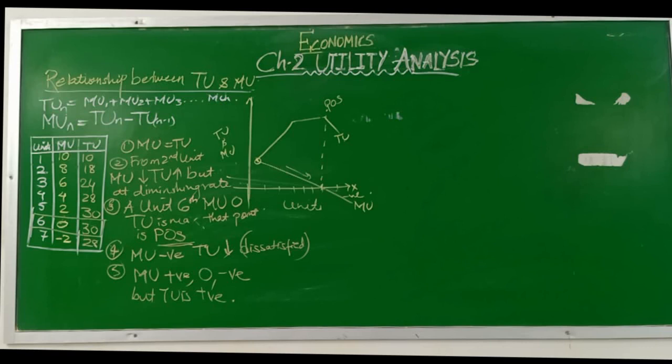Initially, TU and MU are the same. That means you can see on the schedule MU is also 10, TU is also 10.